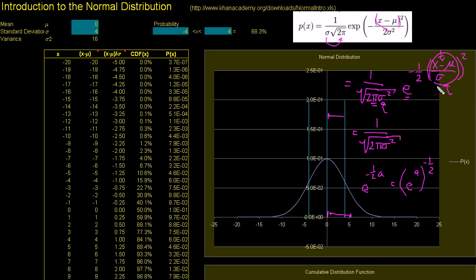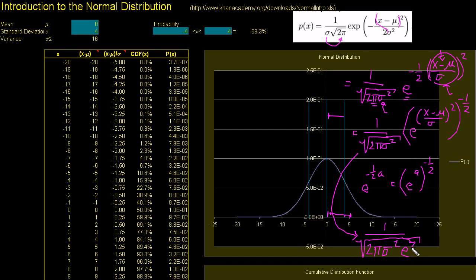But anyway, I could rewrite this as e to the x minus mu over sigma, squared, and all of that to the -1/2. Something to the -1/2 power, that's just 1 over the square root, which is already going on here. So we could just rewrite this as 1 over the square root of 2 pi times the variance times e to essentially our z-score squared, right?